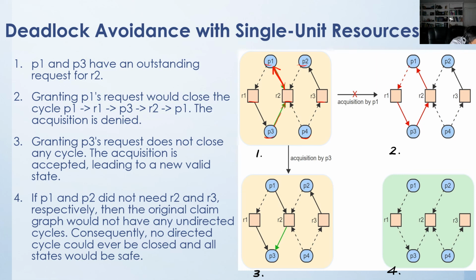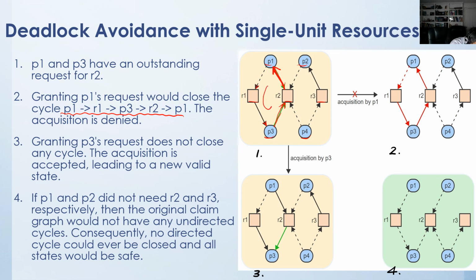Since there is only one unit for each resource, all we need to do is start from P1 to check whether there's a circle, a loop. So now we actually have a closed circle. P1 will potentially claim R1, and R1 is currently held by P3, and P3 is requesting R2, and R2 is currently allocated to P1.